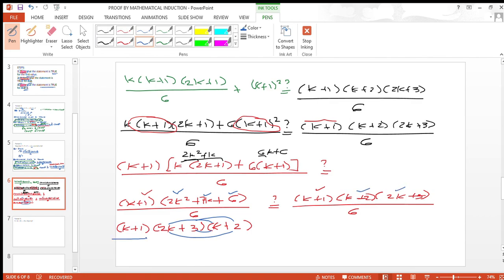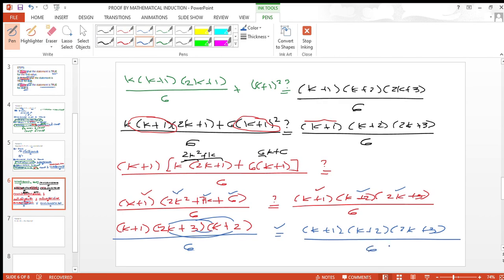So we now divide this by 6, and this is now exactly the same as the right side, k plus 1, k plus 2, and then we have 2k plus 3, everything divided by 6.